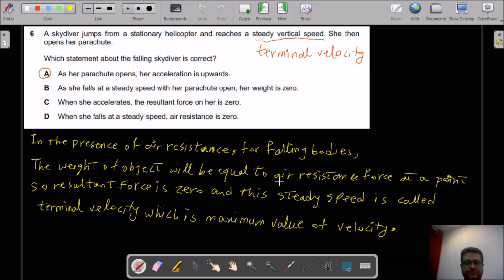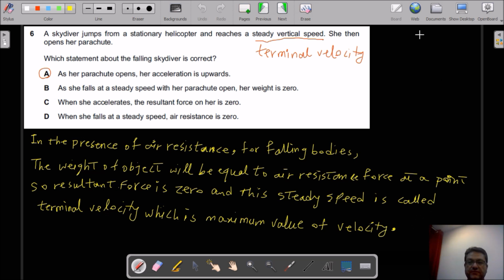First of all, I would like to explain terminal velocity. In the presence of air resistance for falling bodies, the weight of the object will be equal to the air resistance force at a point. So resultant force is 0, and this steady speed is called terminal velocity, which is the maximum value of velocity.